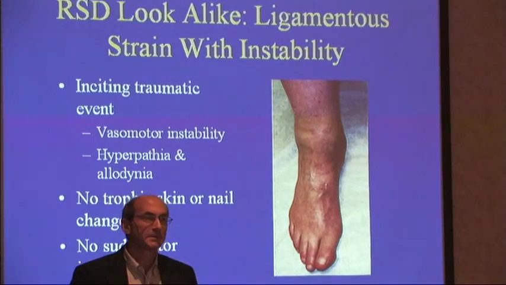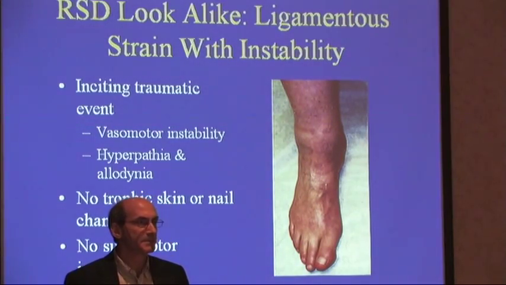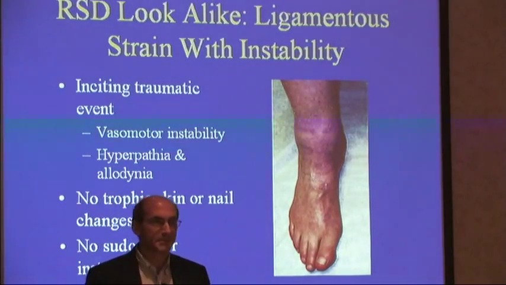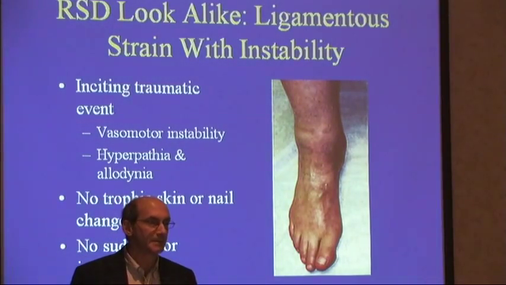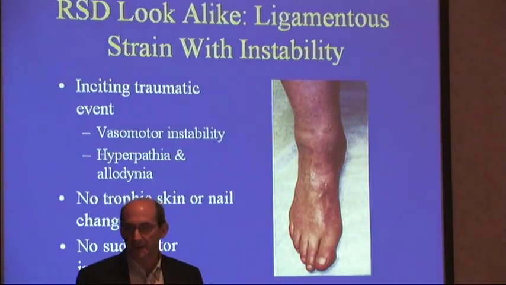So now I've talked to you a little bit about what RSD is. I want to go over several things about what RSD isn't, hoping you understand these so that when you see them, you'll go, wait, no, this one is dystrophy, or no, this one isn't. This patient was literally referred to me with RSD, and she had a sprained ankle. She was told to stay off it and get on crutches.